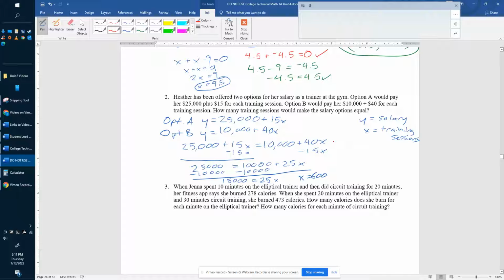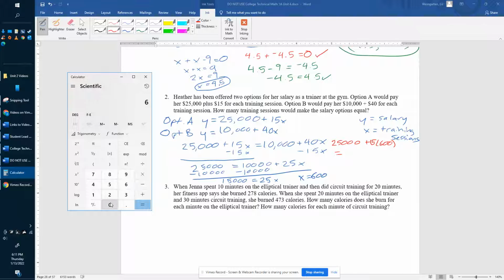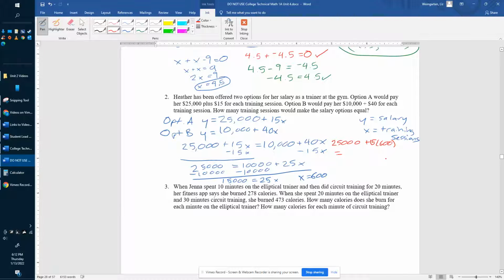So let's take 25,000 plus 600 times 15, and we get 600 times 15 plus 25,000, $34,000.